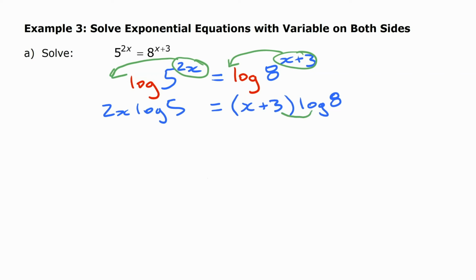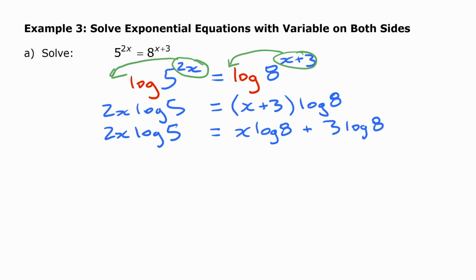So that has to be expanded just like any other equation that has a number times that binomial like that. And so that's going to end up being x times log 8. We'll just write x log 8 plus 3 log 8, 3 times log 8 when you expand that. And on this side, we of course then have 2x log 5 still.